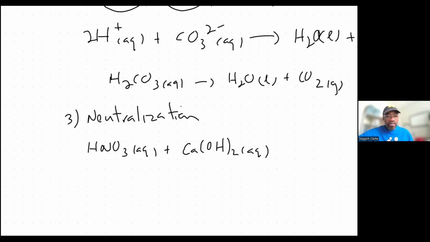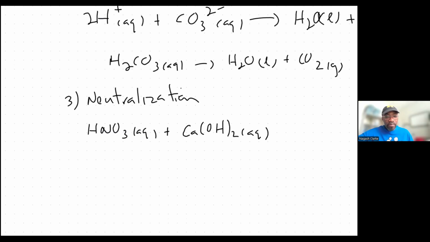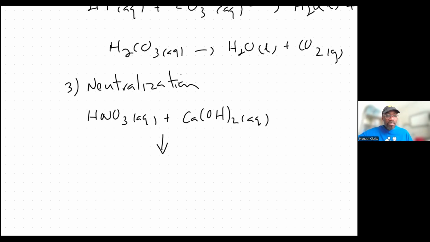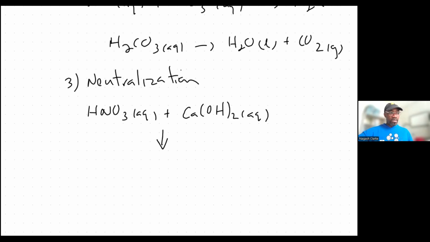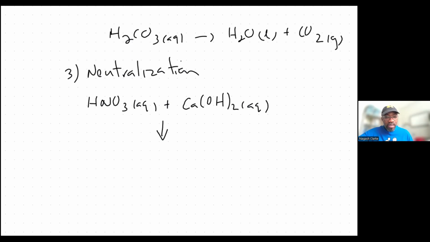Calcium hydroxide was used to whitewash fences back in the olden days. They called it lime water because when it reacted with carbon dioxide in the atmosphere, it produced calcium carbonate, which is limestone. A little historical stuff for you. It doesn't matter in the grand scheme of life. So acid and hydroxide will neutralize each other.